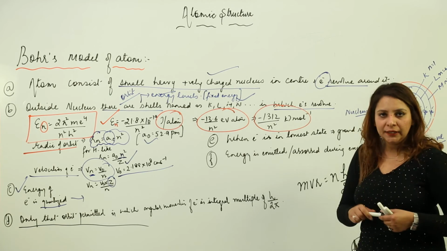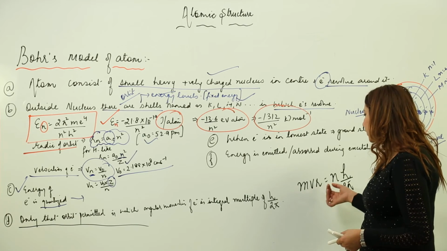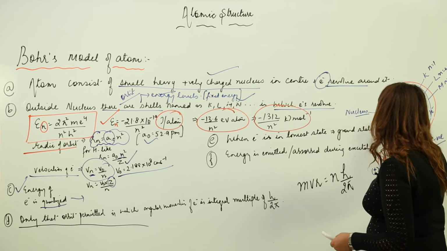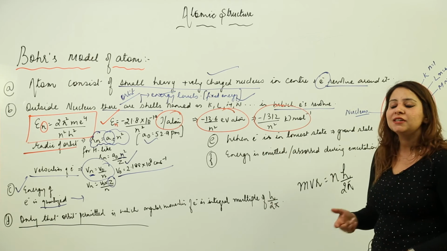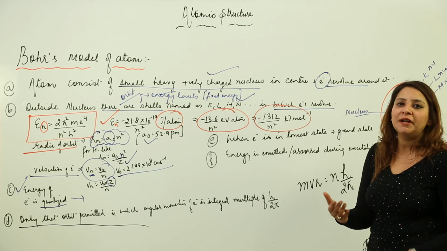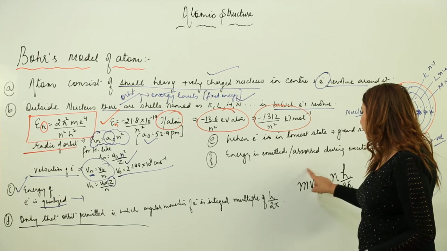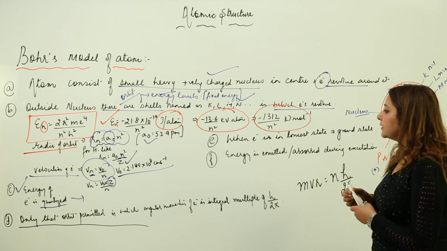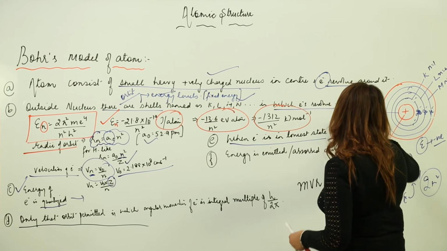So this is the mathematical expression: only when the angular momentum becomes equal to an integral multiple of h over 2 pi can that orbit be made as K, L, M and so on. So it's not like any orbit you can imagine may exist. Only that orbit exists where the angular momentum of the electron comes out to be an integral multiple of h upon 2 pi.